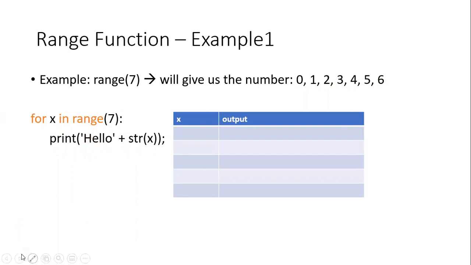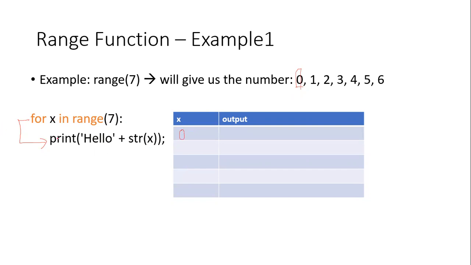So let's look at how this code will actually execute if we had to run it. So this is the statement that's repeated. What is the first value that x takes on in this range? The first value of x is 0. So let's put that down. X is 0.